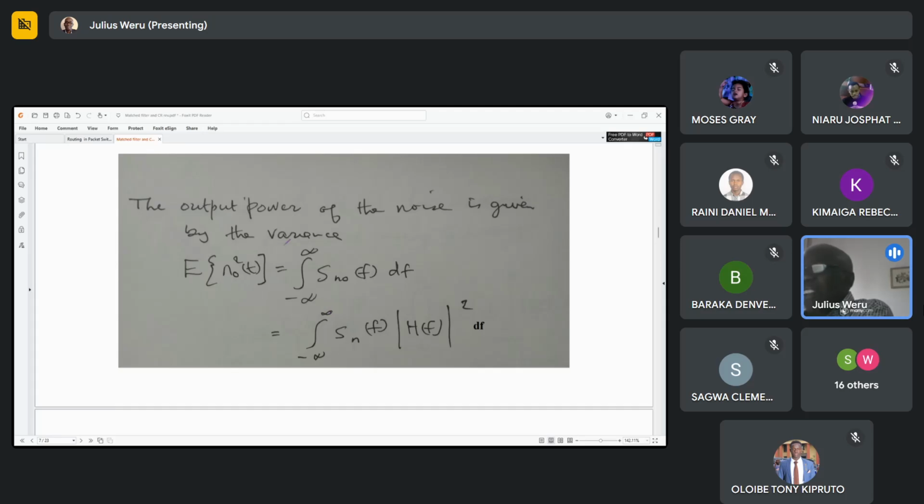It's actually the power spectral density integrated over the entire spectrum.